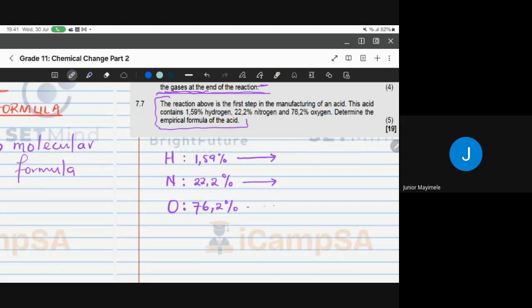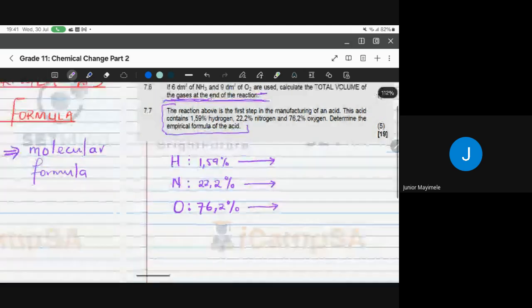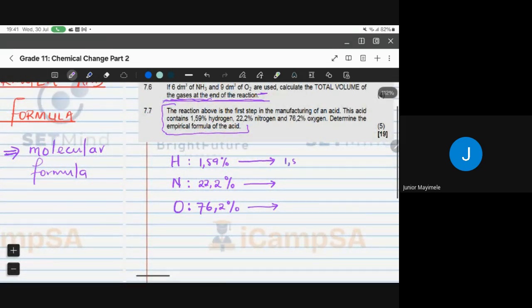Now, what you do, you translate this into masses. Turn them to masses, all of them. So this means you'll have 1.59 grams. Remember, in chemistry, we use grams. There's no special formula for taking this percentage into grams. The reason we just take it as is and make it into grams is that it was based on the assumption that the whole compound, or the acid in this case, contains 100 grams.